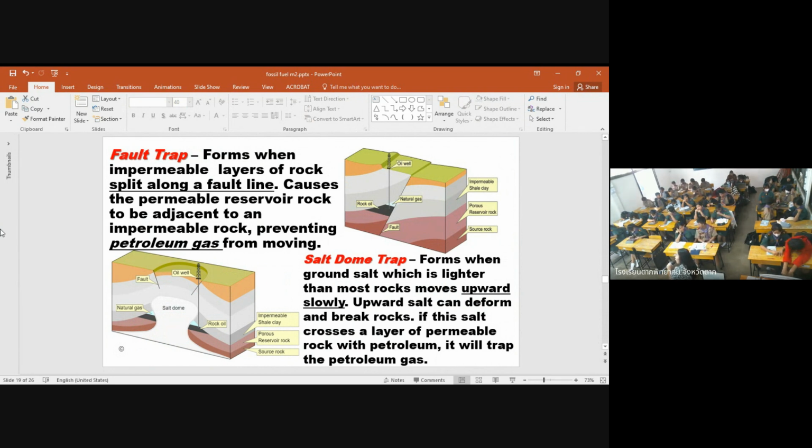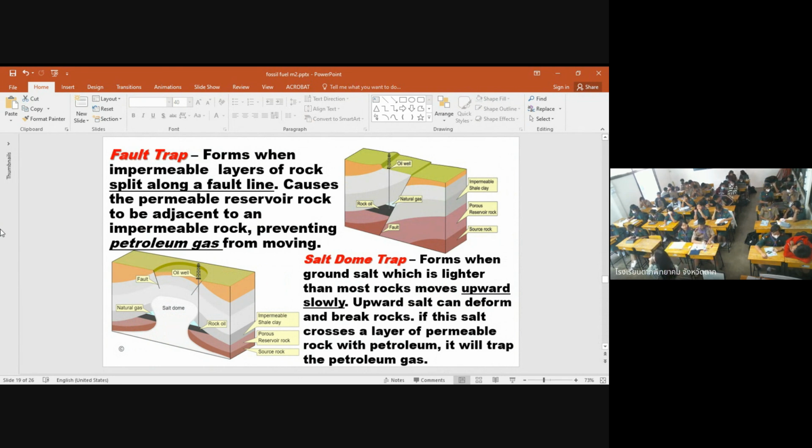So for example, this line is your fault. Take a look at the projector. This is your rock oil. This one is your natural gas. In this layer, we have your impermeable shale clay.